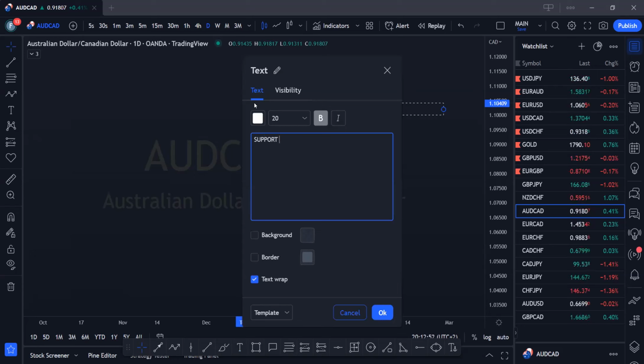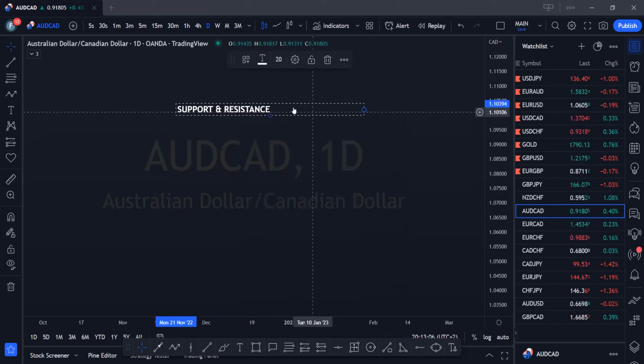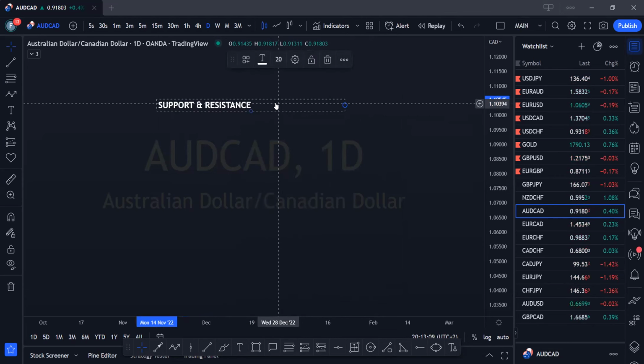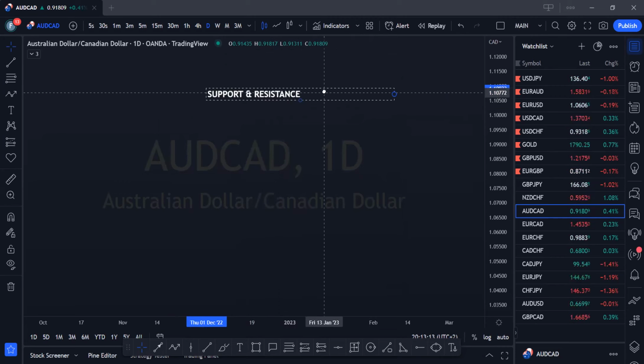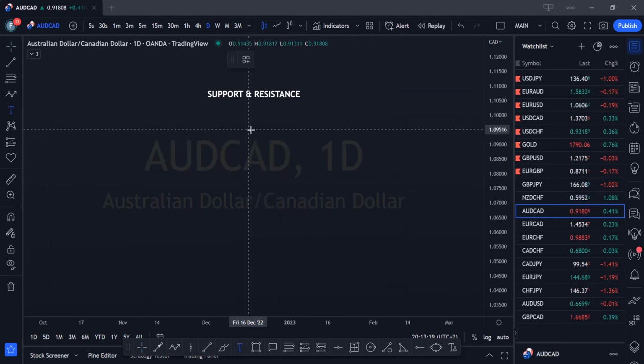What is support and what is resistance? Support and resistance is technical analysis. Let's write it down.